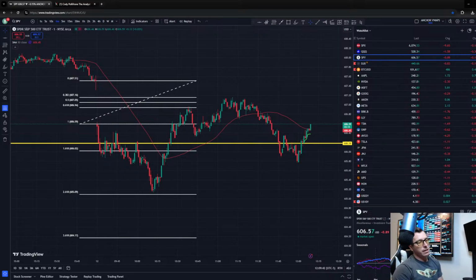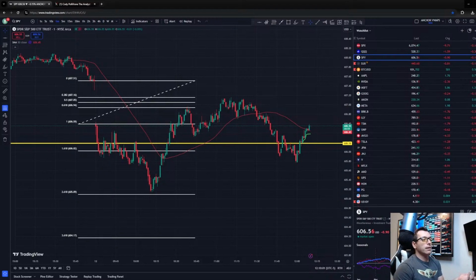And the reason, I attribute the reason why to being, if you do it on the QQQ, you have a lot of tech stocks in there, and it's just a more volatile environment than the SPY. Just as the SPY is far less volatile than Tesla is as an individual stock, right?